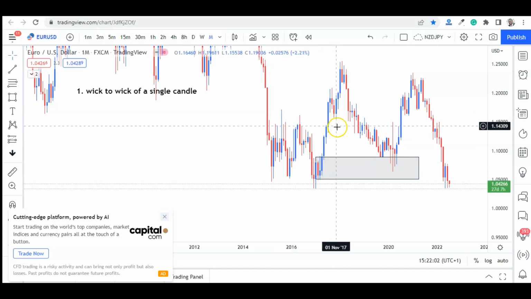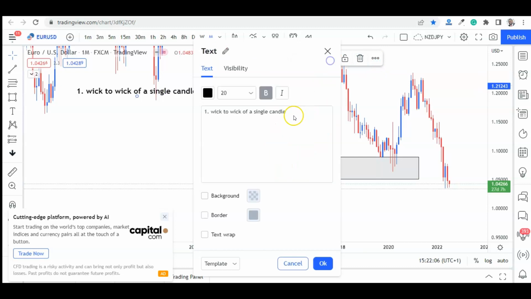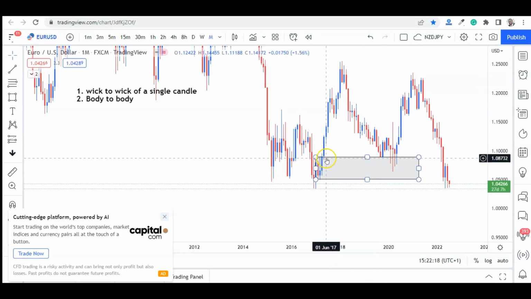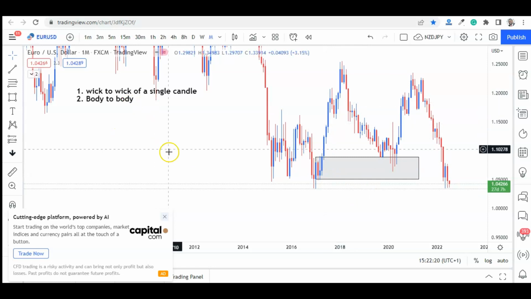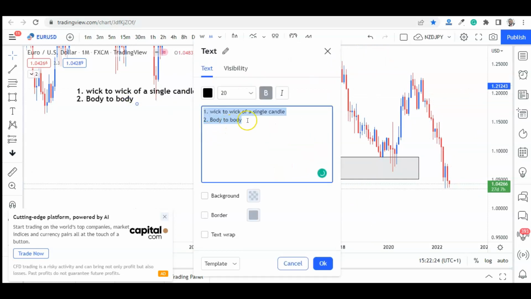Now the other one is body to body. What I mean by body to body is simply open and close, marking the open and close price.